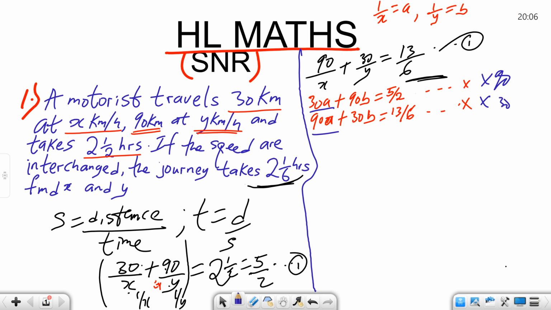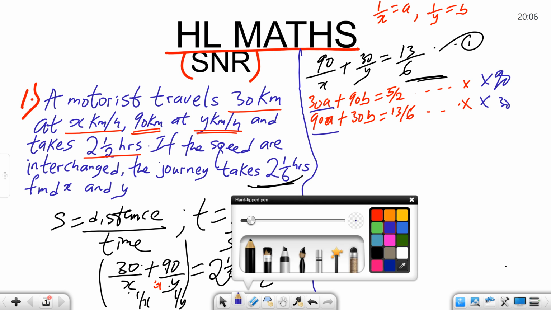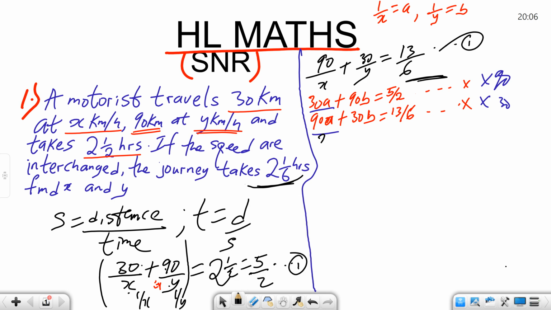So I'm going to have 90 multiplied by 30, I have 2700a, plus 90 multiplied by 90, I have 8100b, equals 90 multiplied by 5 over 2, which would give 225.